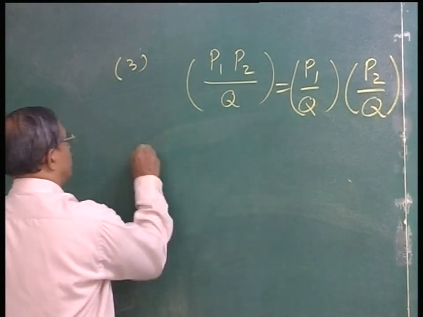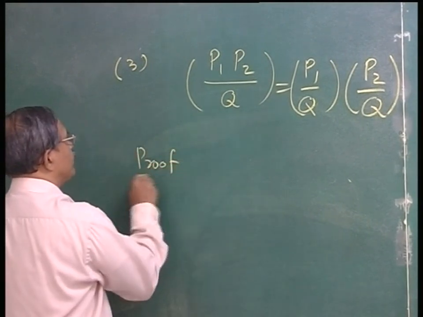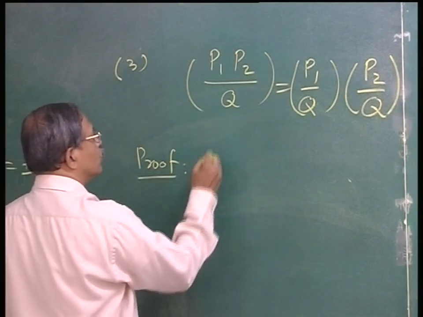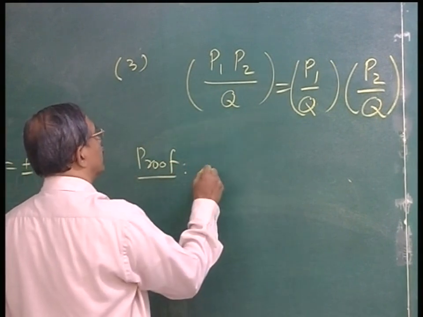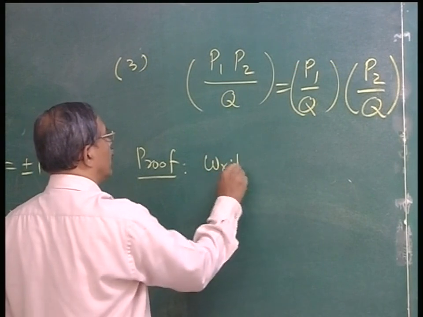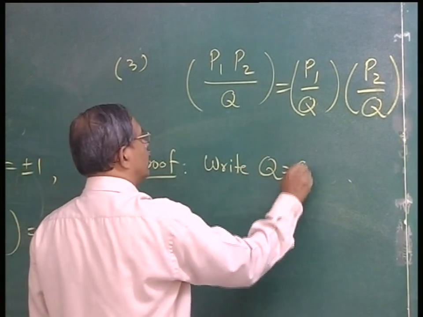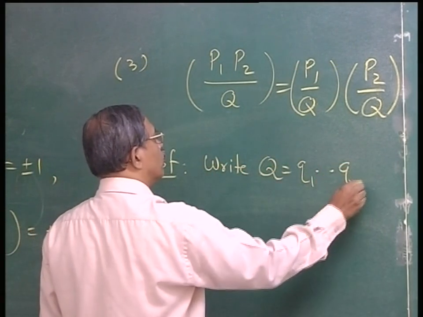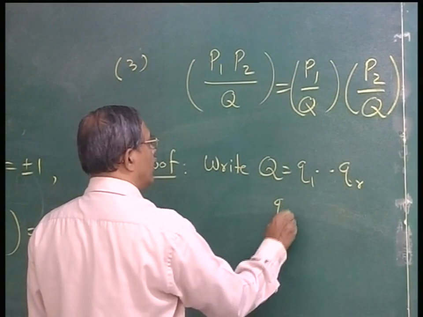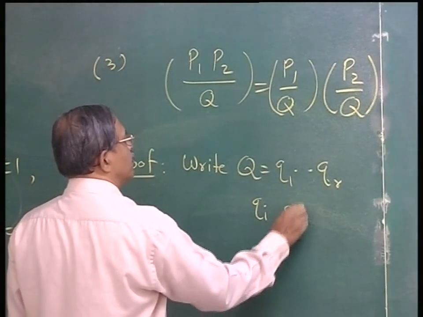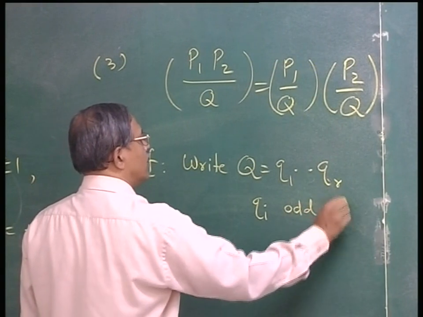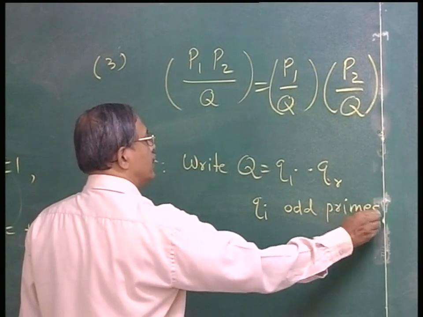So most of the properties of the Jacobi symbol are derived using the corresponding properties of the Legendre symbol. Proof of this property: write Q equal to q1 q2 ... qr, where Q is odd, bigger than 1, and the qi are primes. They may or may not be distinct.